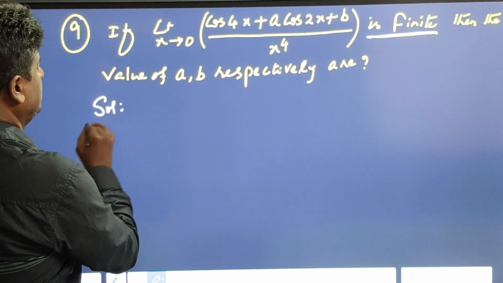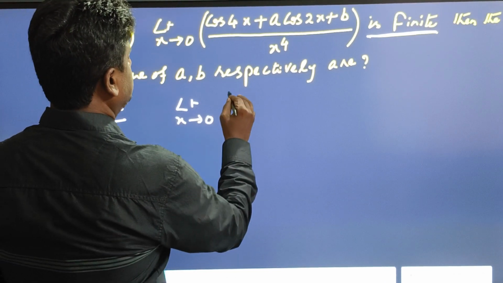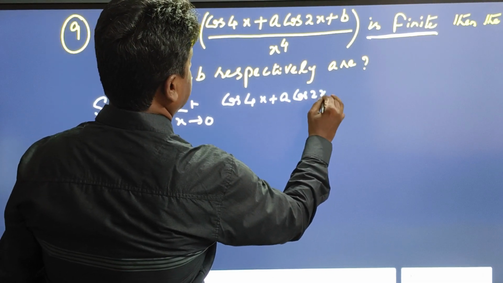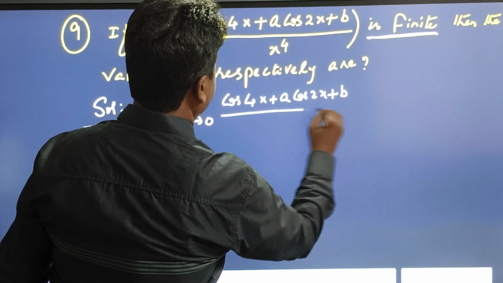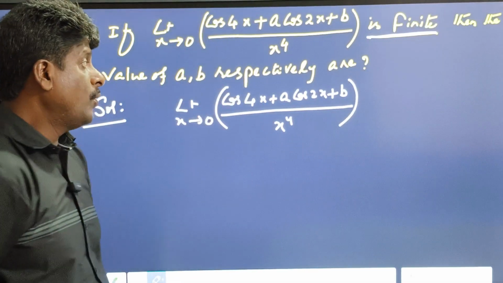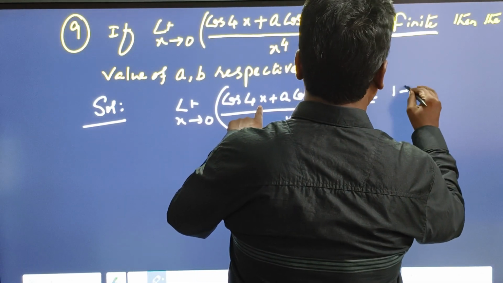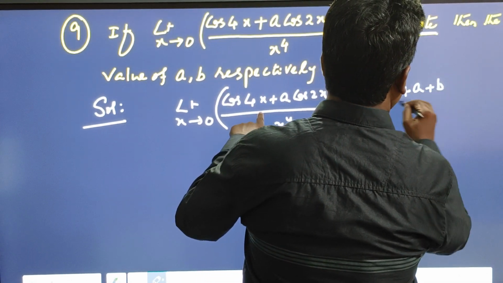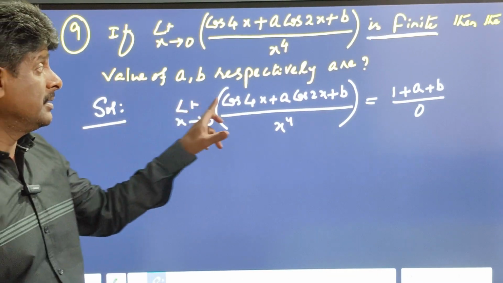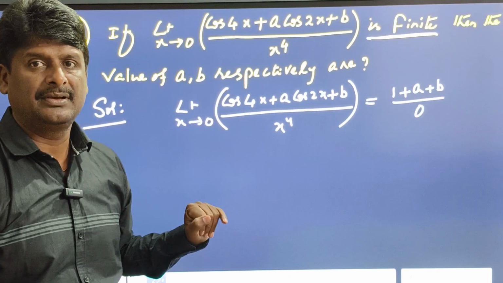Very interesting question and an important model also. While applying the limit, we get cos 0 is 1, cos 0 is 1, a into 1 is a, so 1 plus a plus b, by 0.